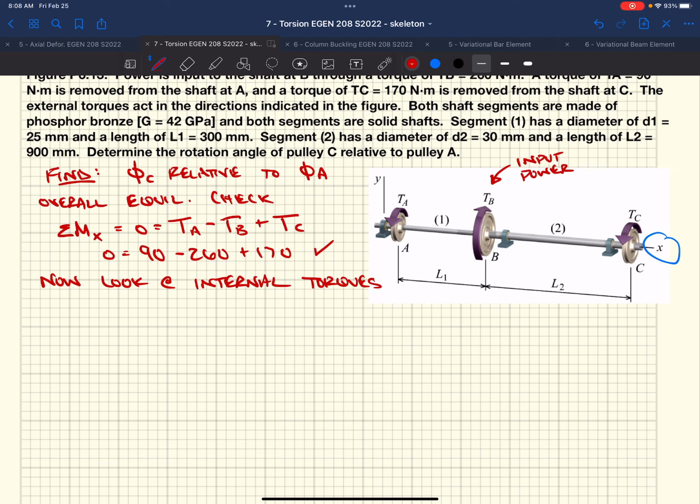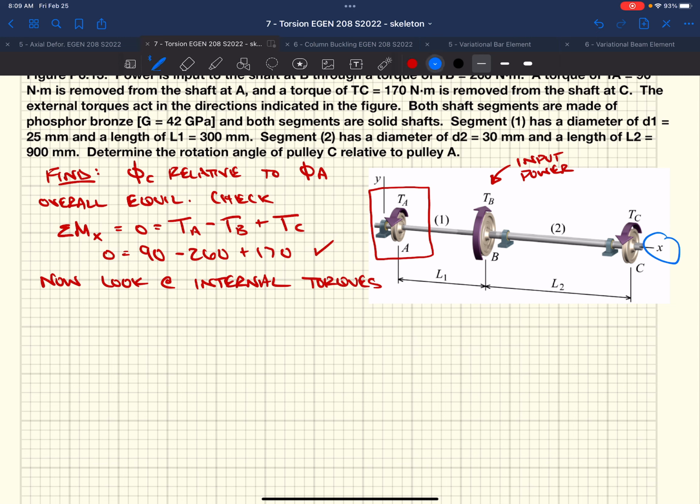So we can cut out a piece. We want to know what the torque is in shaft 1 and shaft 2. We can step in here and take a free body out of this anywhere we want. In order to highlight the torque in shaft 1, I'm going to cut a free body out of this whole system that includes the torque at A and shaft 1. So what does that look like?